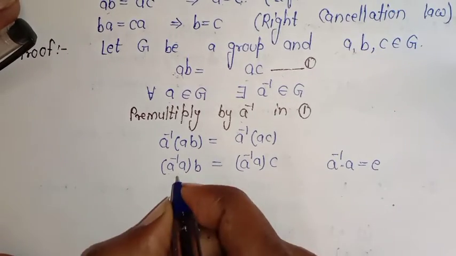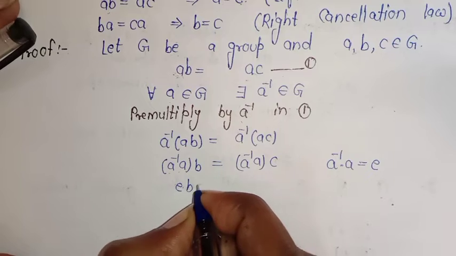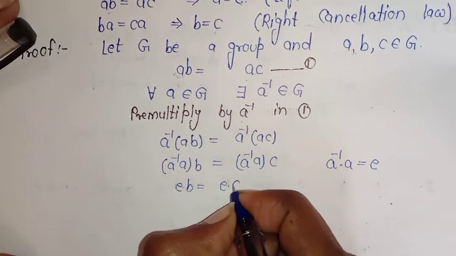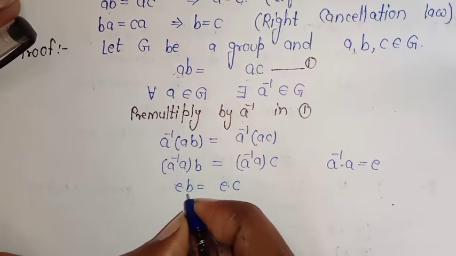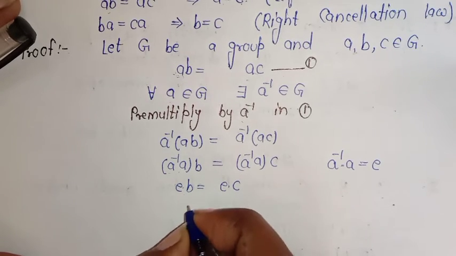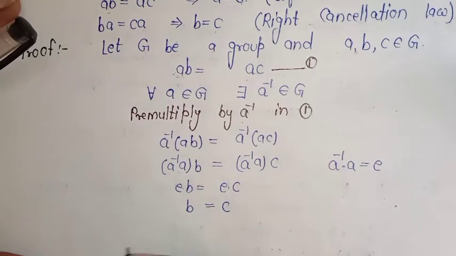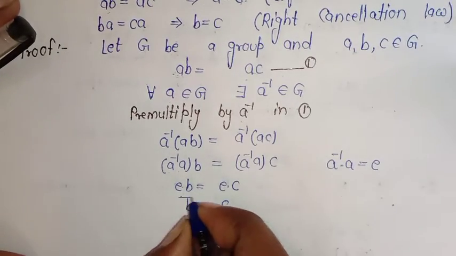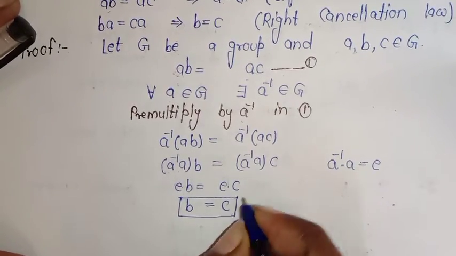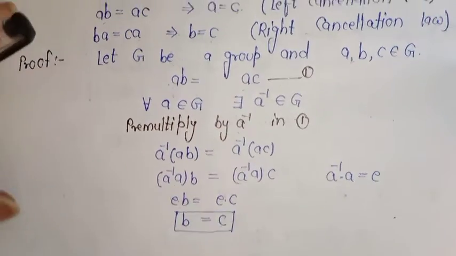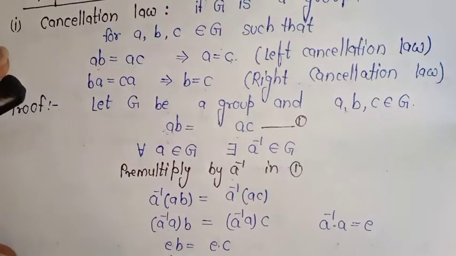Then this becomes e into b is equal to e into c. And when an element is multiplied with the identity, it gives the same element. So this becomes b, this becomes c. So we have proved the first theorem by using left cancellation law. This property is known as left cancellation law.